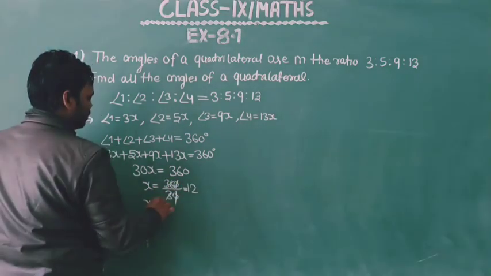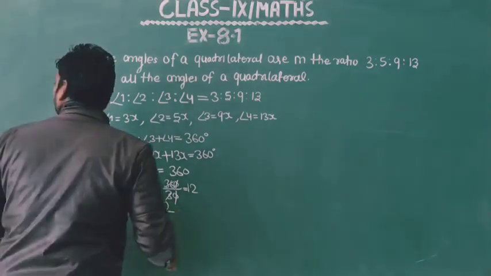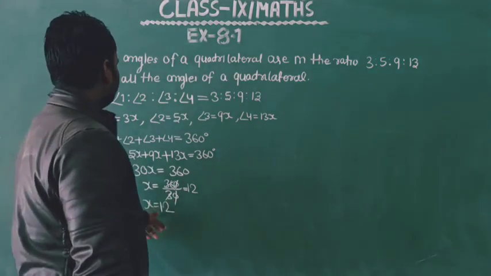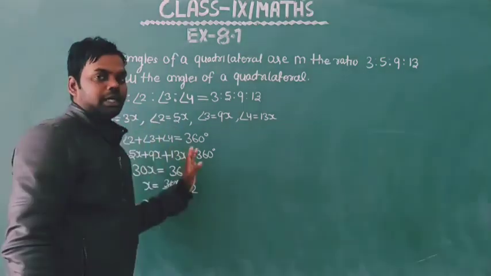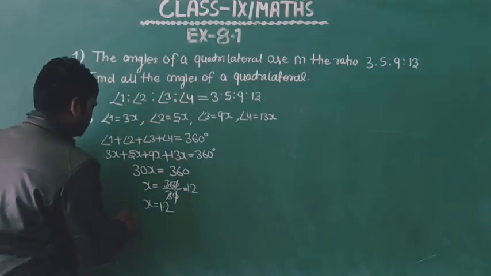So the value of x is 12. Now substituting the value of x over here, we get the required angles.